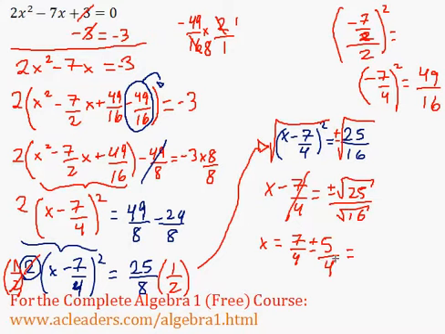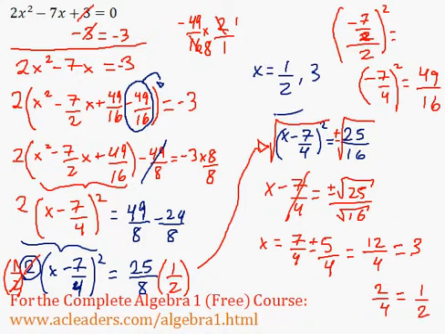Now we have two solutions, the first one being 7 plus 5, 12 over 4, and the second solution being 7 minus 5, 2 over 4. So 12 over 4 is 3. 2 over 4 is half. And that's finally it. Our solution is x equals half and 3.